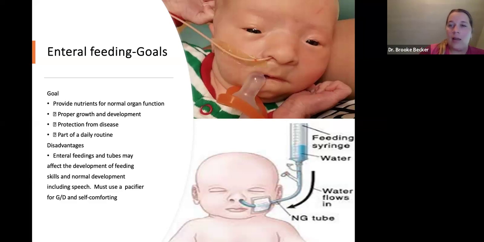If they are infants, you really want to use a pacifier while they're getting their tube feeds, because that continues to encourage them to suck, swallow, and breathe, to continue to have that reflex. So when that tube comes out, they're able to eat more successfully. Okay.